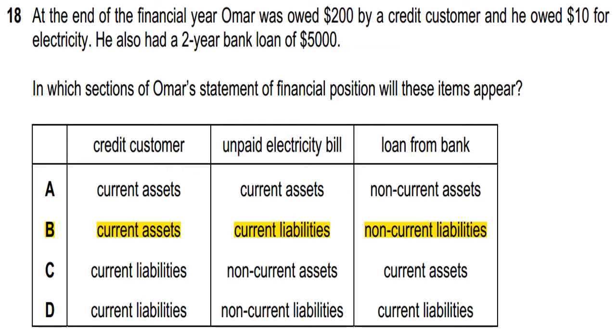And if we will pay the liability within 1 year, it will be current liability, and if we will pay it after 1 year, within 2, 3 or 4 years, this will be called non-current liability. So loan from bank will be non-current liability.